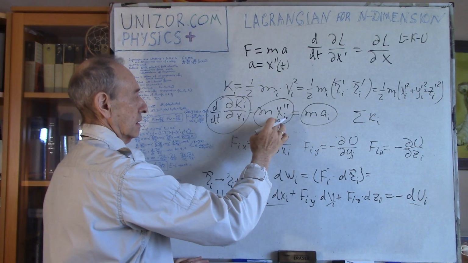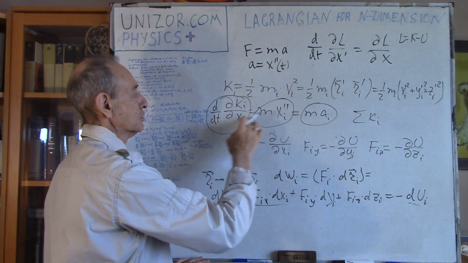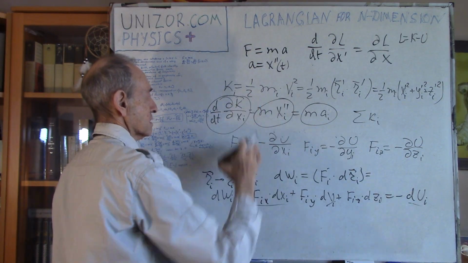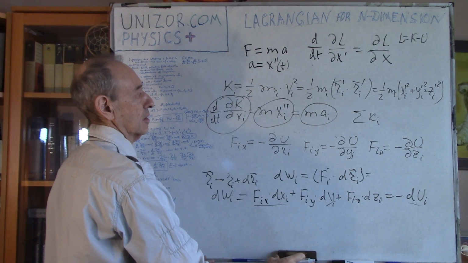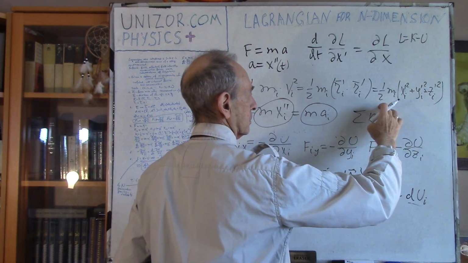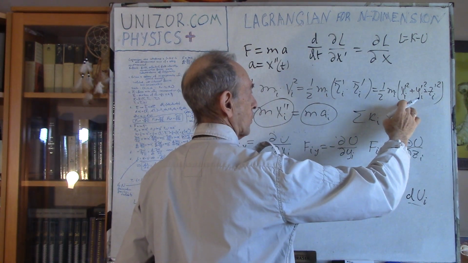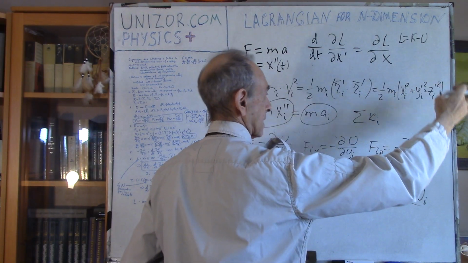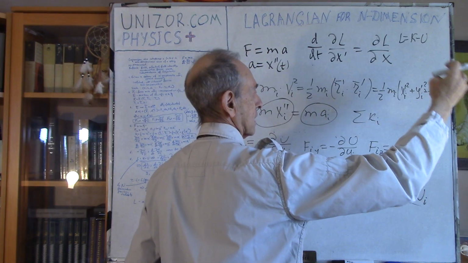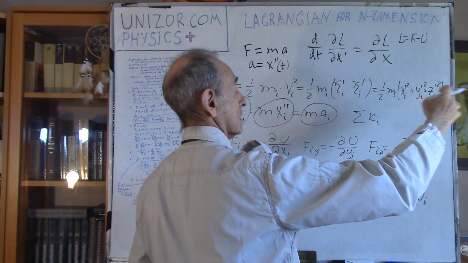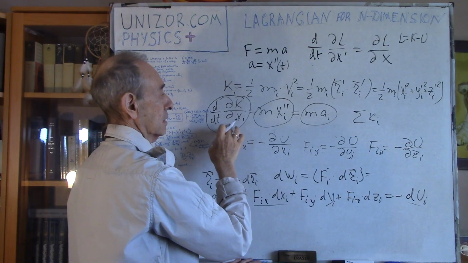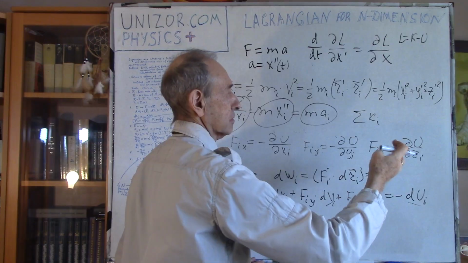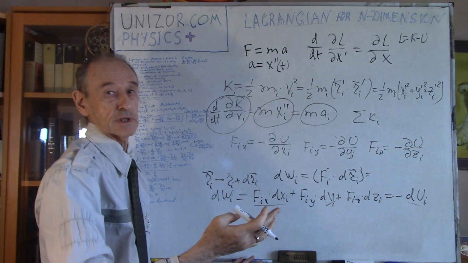But if you do this partial derivative of the total kinetic energy, not the i-th, you will have exactly the same, because the total kinetic energy will be the sum of x1' squared plus y1' squared plus z1' squared plus x2' squared plus y2' squared, etc., etc. And if you partially differentiate by one particular parameter, that would be still the same, because everything else will be with different indices.